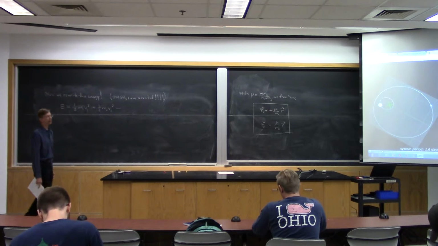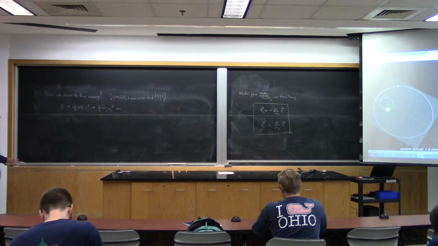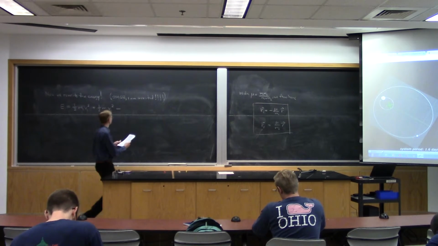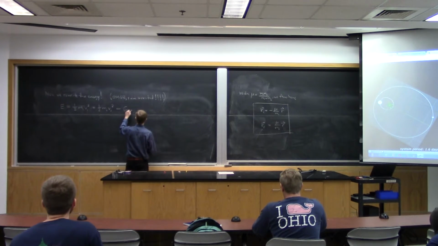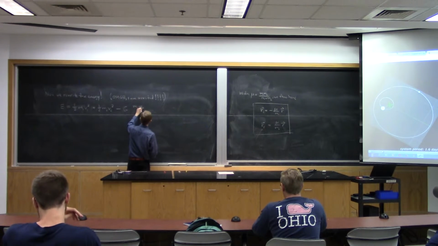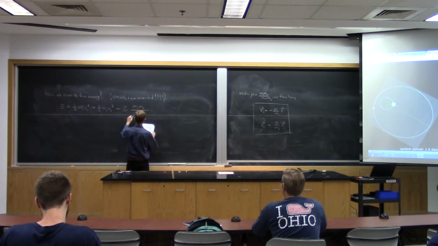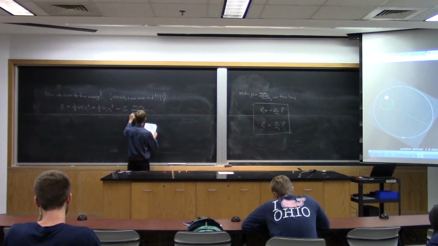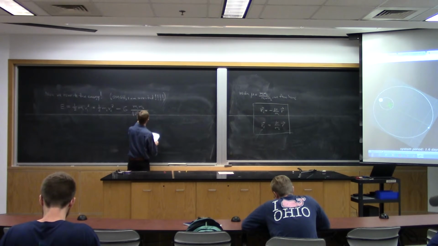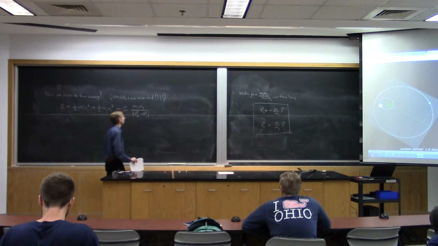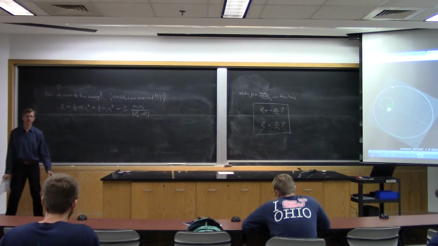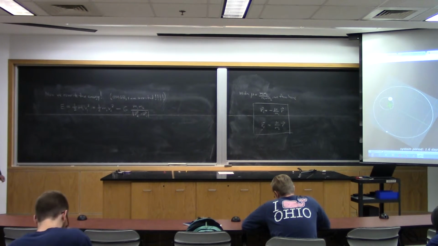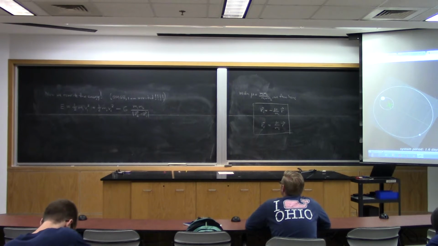And so this is in the two-body problem, just from first principles. And then the gravitational potential energy is minus G times the product of the masses divided by the distance between the masses. And the distance between the masses is the magnitude of the vector r2 minus r1, because r2 minus r1 is the vector connecting the two bodies. So the distance between the bodies is the magnitude of that vector, r2 minus r1.